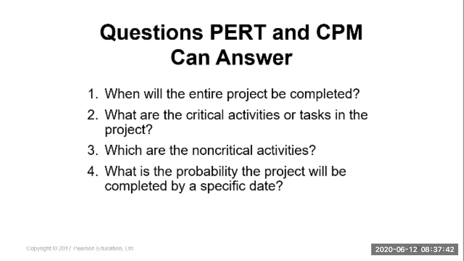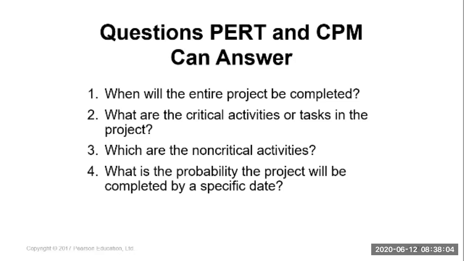You can also identify the critical activities or tasks. After we draw the network, you can identify which activities you cannot delay. You have to complete them within the time. That is the critical activities.